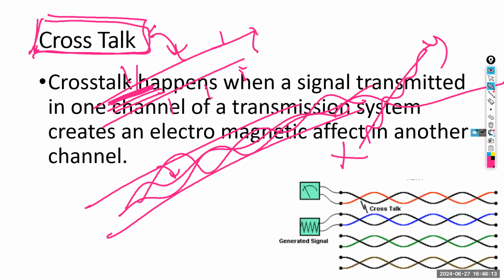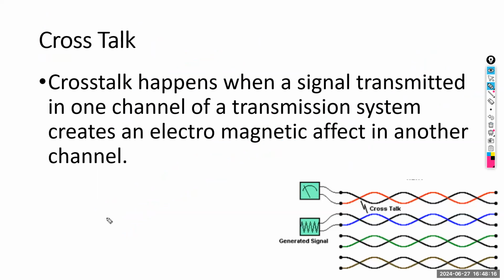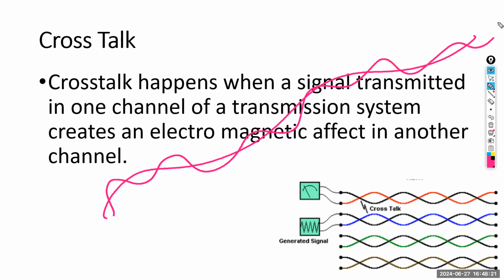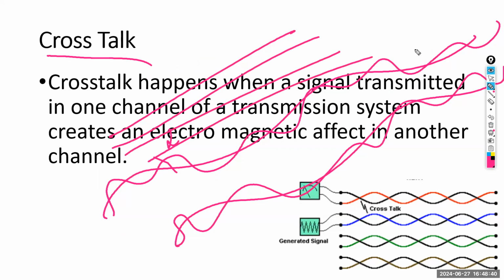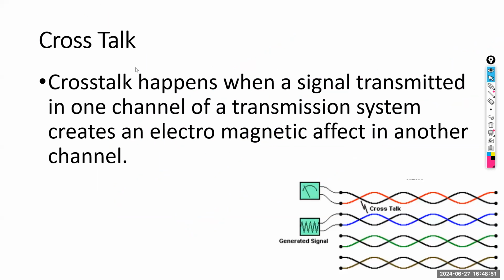So that is one of the reasons when we take copper wires for data transmission, we twist them. One of the reasons we twist is to reduce the crosstalk. That is why you need to understand these things, because otherwise you don't know why these wires are twisted rather than you keep it like this. That is one of the reasons, to reduce the crosstalk. Okay, but that is just one of the reasons. Right. So crosstalk is another impairment.